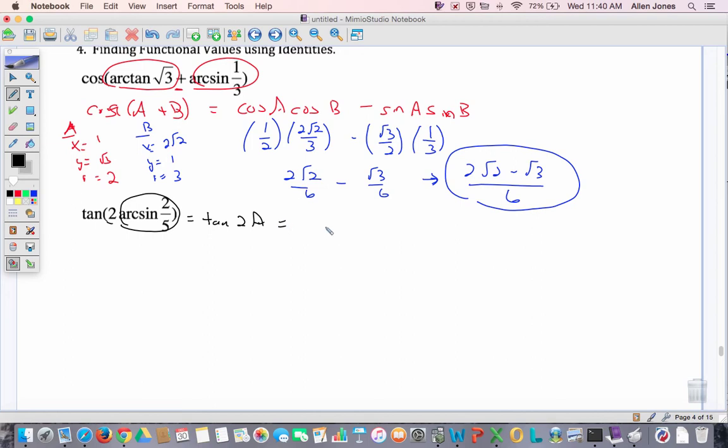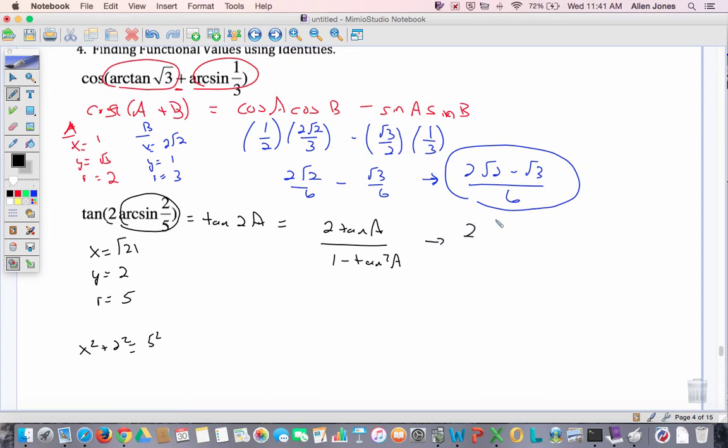One more time here, let's do tangent. Notice the 2 here. So I have the tangent of 2a. I'm just going to replace the arcsine with an a. I'm going to expand that out. That is 2 times the tangent of a over 1 minus tangent squared a. Come back over here and identify x, y, and r. We just have the one angle this time, the a. So sine is y over r, so I have 2/5.